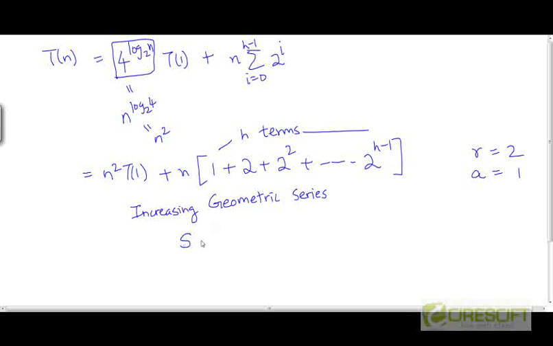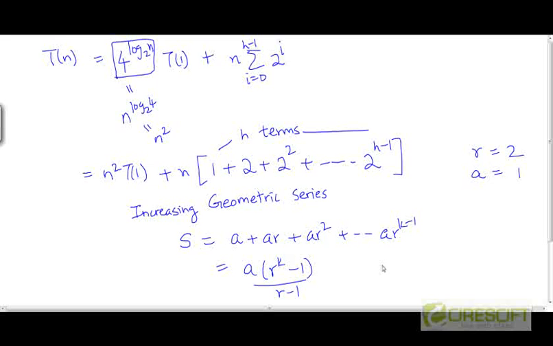If you recall, we had derived a formula for the sum of k terms in a geometric series. So S, which is a plus ar square and so on till ar to the power k minus 1, is given by a times r to the power k minus 1 divided by r minus 1.